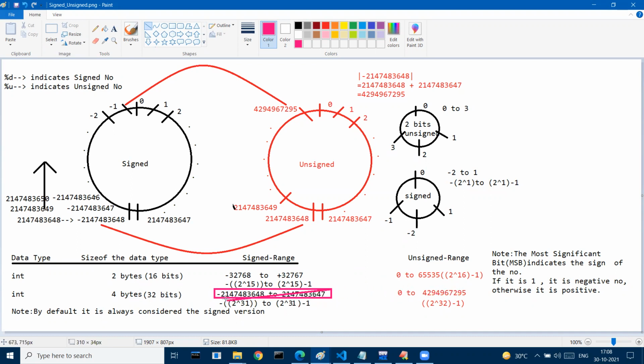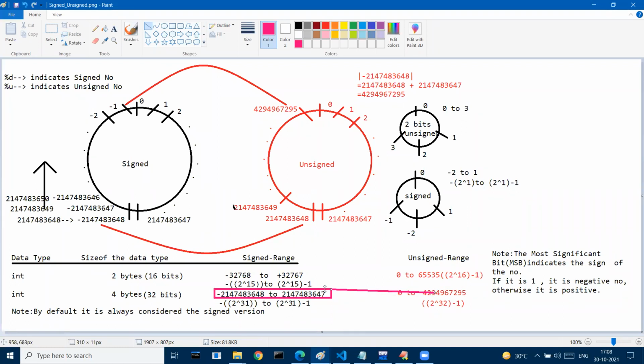So how to remember? It is very easy. Multiply 2147483648 by 2 to get 4294967296, and the last value is 2 times that minus 1, that is 4294967295. So very easily you will be able to remember this.